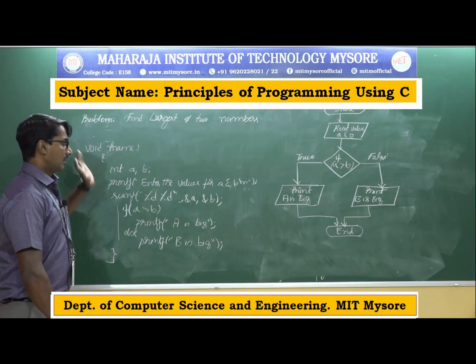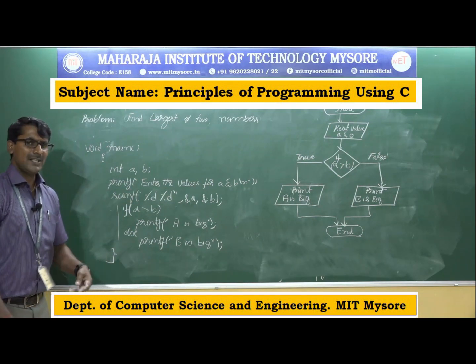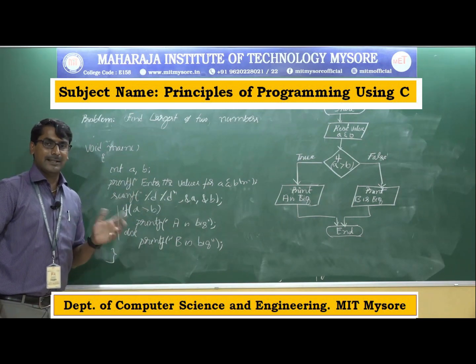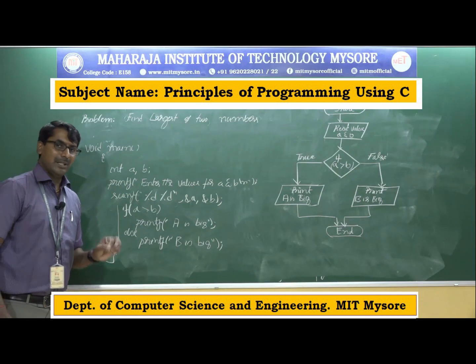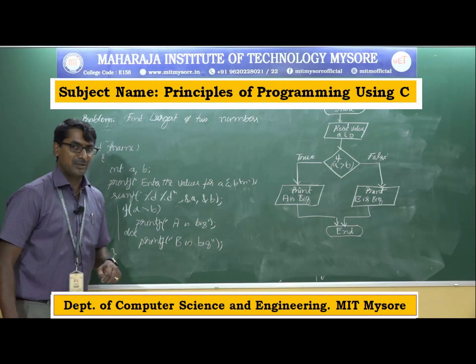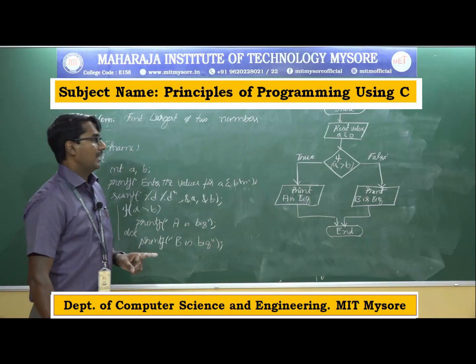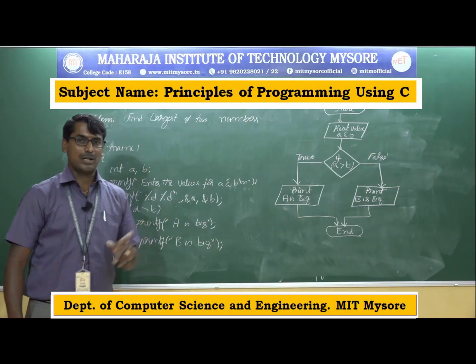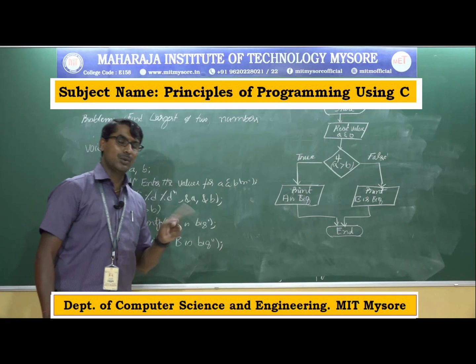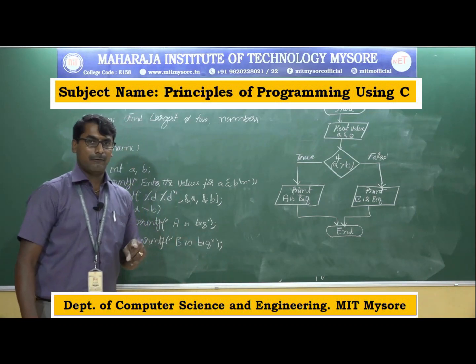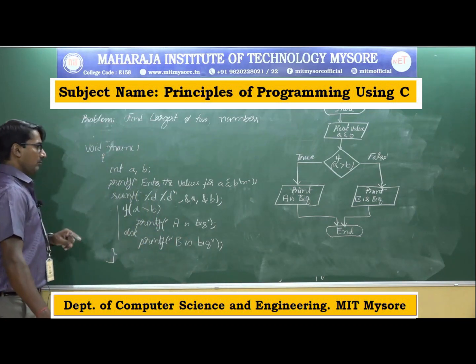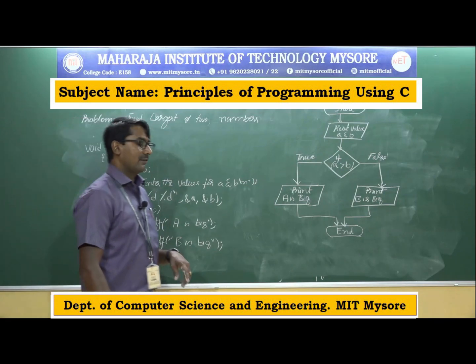So here there are two alternates. The if else statement is the extension of the simple if statement. In a simple if statement there is only one possibility, but in the if else statement there are two alternates. One alternate is a true alternate, another is a false alternate. If the condition is true, the true block will execute.